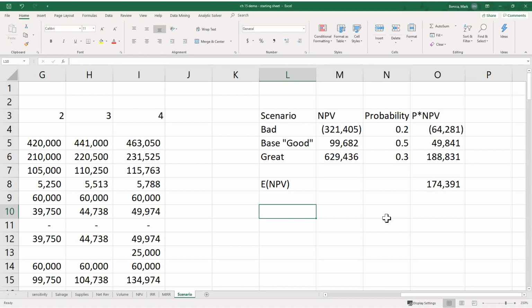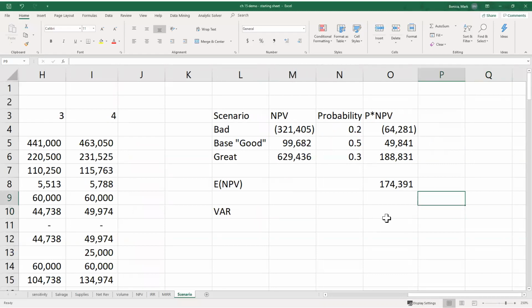We're going to calculate our variance, and then we're ultimately going to calculate our standard deviation. Okay, so we'll calculate our variance first. Let's see, what's the easiest way to do this? Probably to create a new column over here that doesn't actually mean anything, but we'll do the variance calculations and then we'll just add it all up.